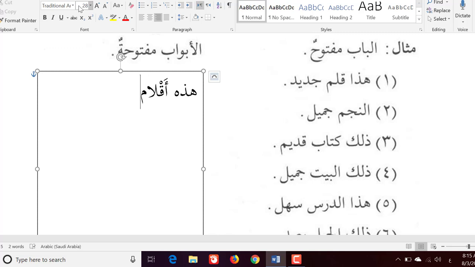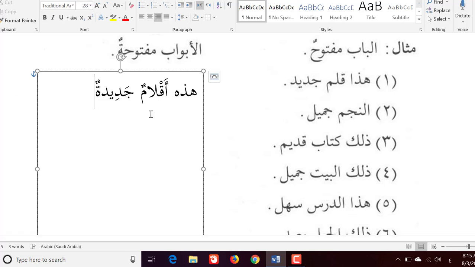We're going to say judud. No, we're not going to say judud. We're going to say jadida, because aqlam is non-human, and so we treat it like singular feminine when it comes to the ism isharah, like we see here in the beginning, when it comes to the predicate that comes at the end, when it comes to any adjectives that we use. That's how we're going to deal with it. Singular feminine.